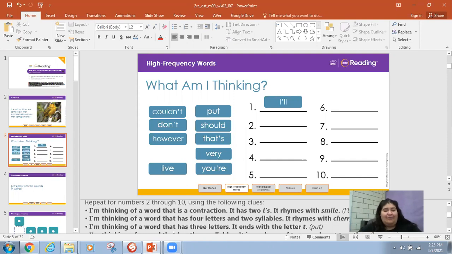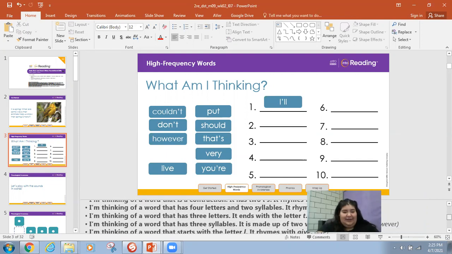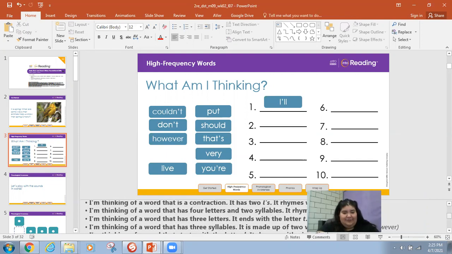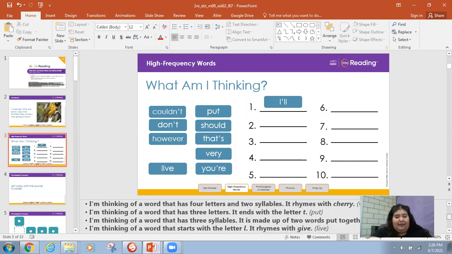All right, number 3. I'm thinking of a word that has 3 letters. It ends with the letter T. Number 4, I'm thinking of a word that has 3 syllables.